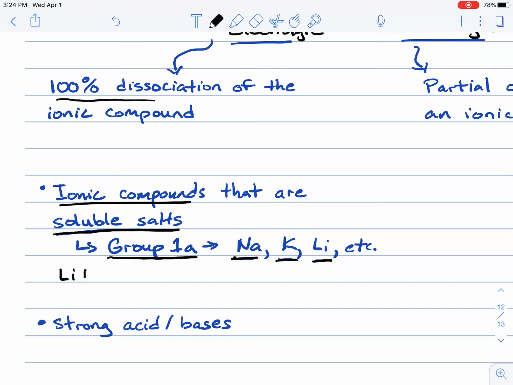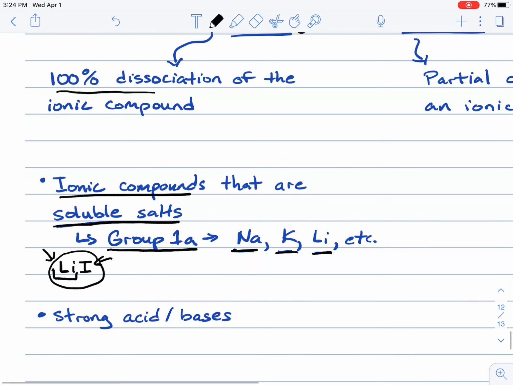lithium iodide, LiI, since lithium is found in the chemical formula of this ionic compound. And we know that this is an ionic compound because lithium is a metal and iodine is a nonmetal.